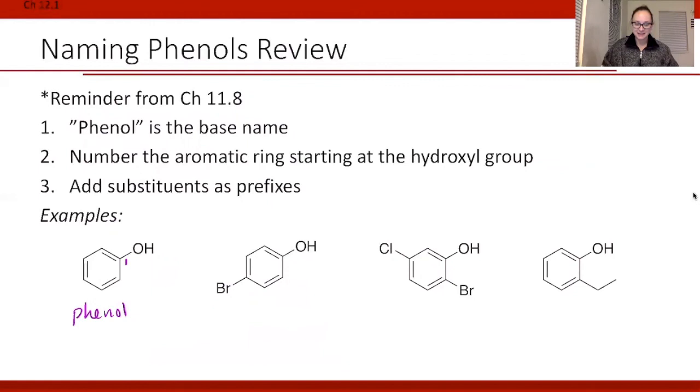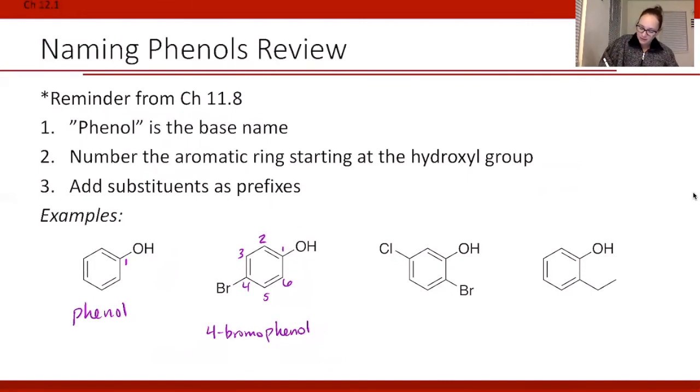Doesn't have anything else in it. This guy here, we start numbering at the hydroxyl group, and we go around 2, 3, 4, 5, 6. So this is going to be bromophenol. So phenol is our base name, and we show our substituent for bromo.